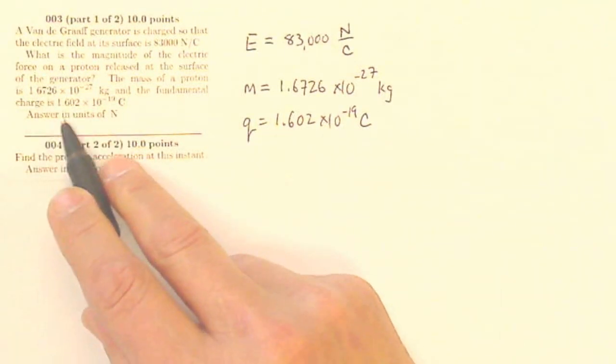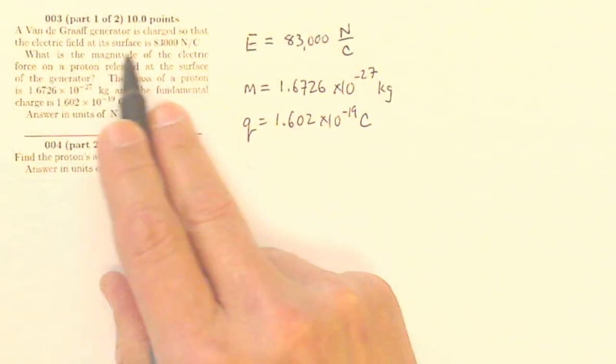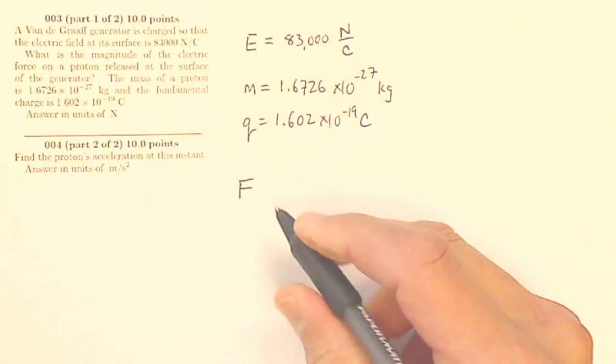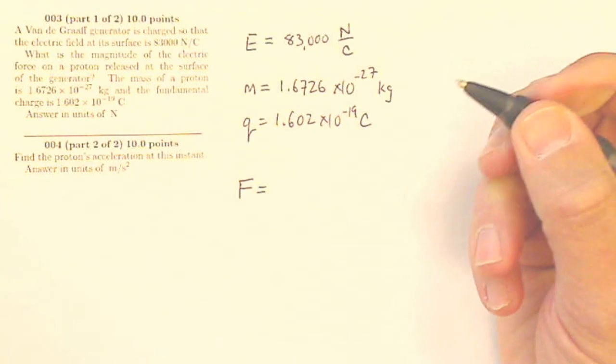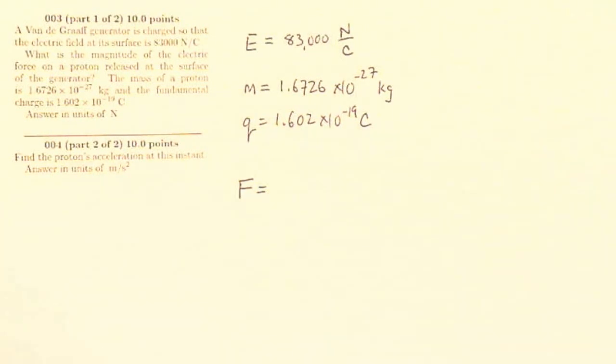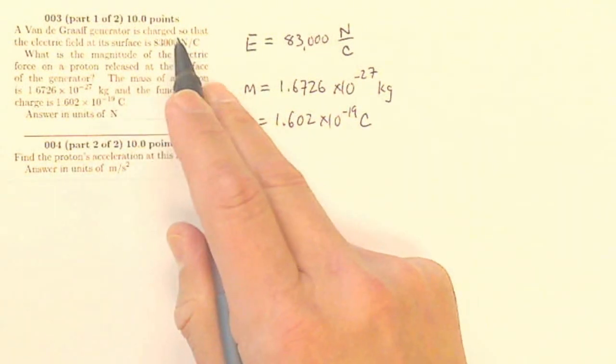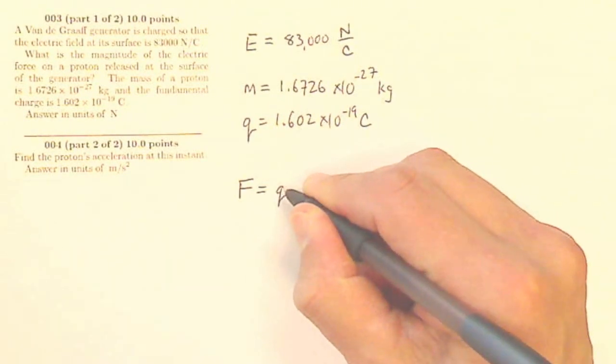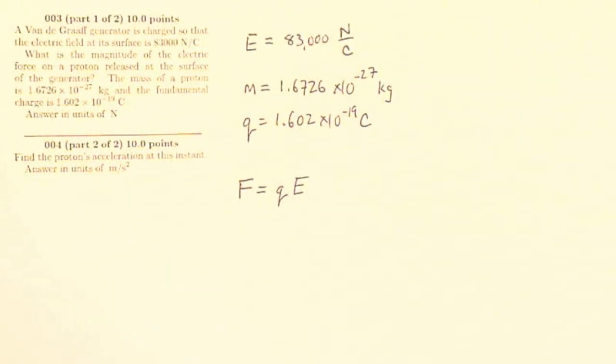So it says, what is the magnitude of the electric force on a proton? Well, I know that my electric force, you could try to do K Q1 Q2 over R squared, but you don't know Q1, but they give you the E field right there. So I know that my force is going to be the amount of charge times the electric field.